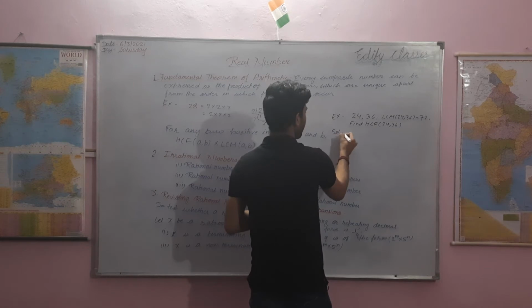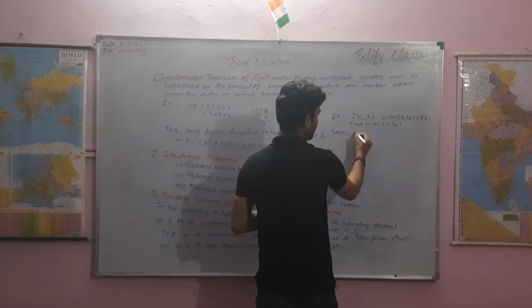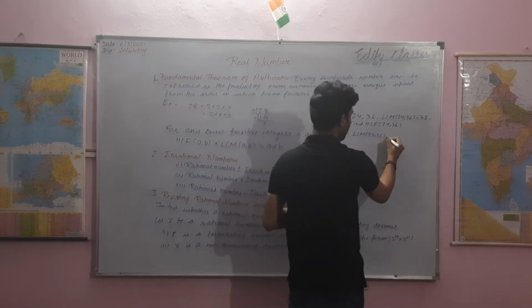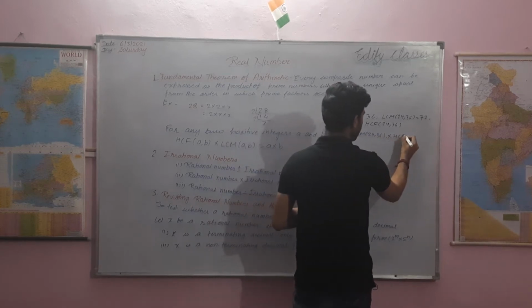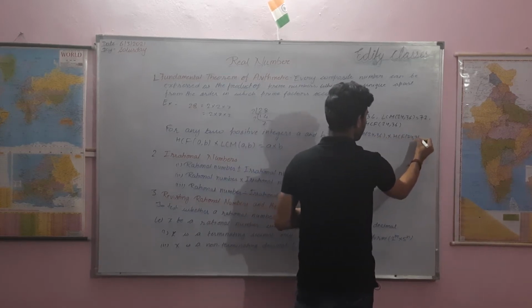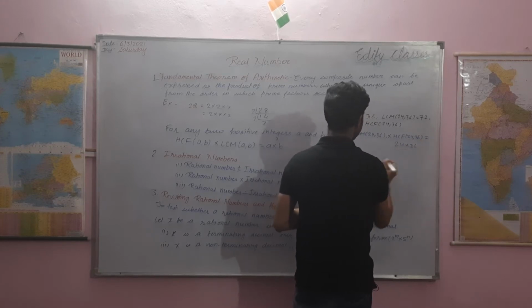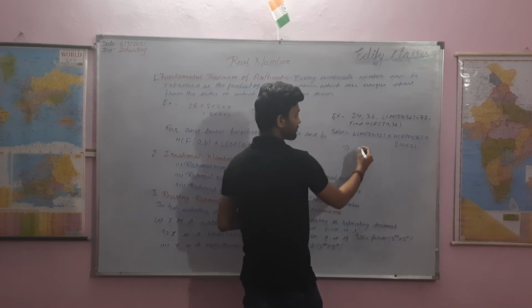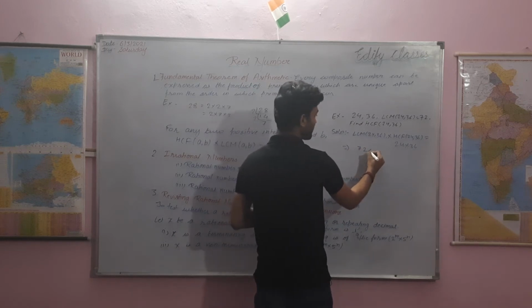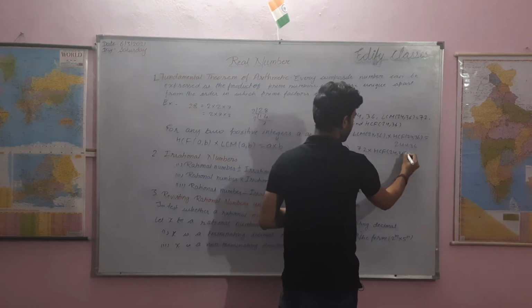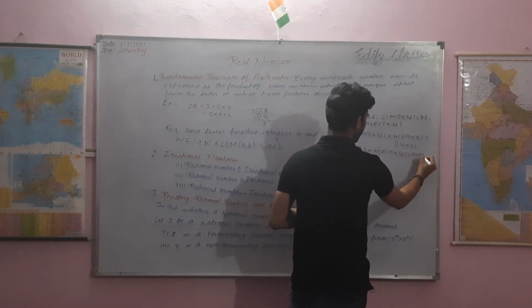In the solution, we will write the product of the LCM of 24 and 36 and the HCF of 24 and 36. This will be equal to the product of the numbers, that is 24 into 36. Here it is given that 72 is the LCM, so 72 into the HCF equals 24 into 36.